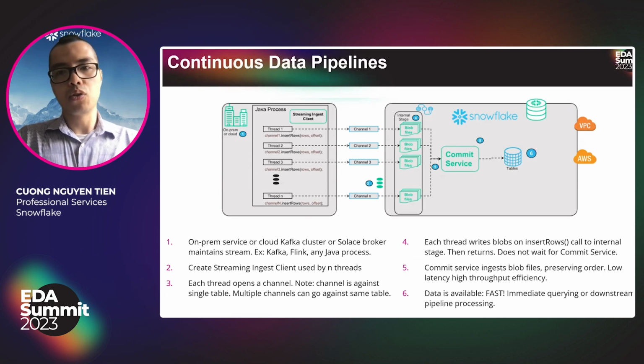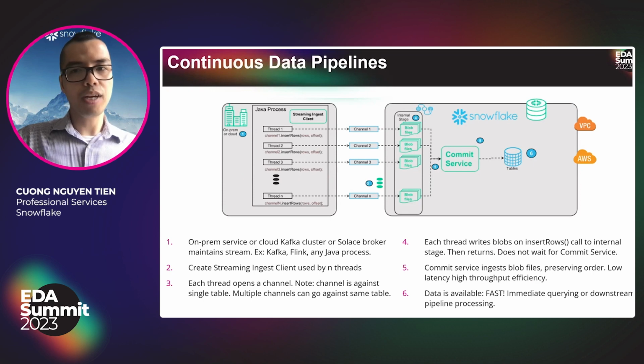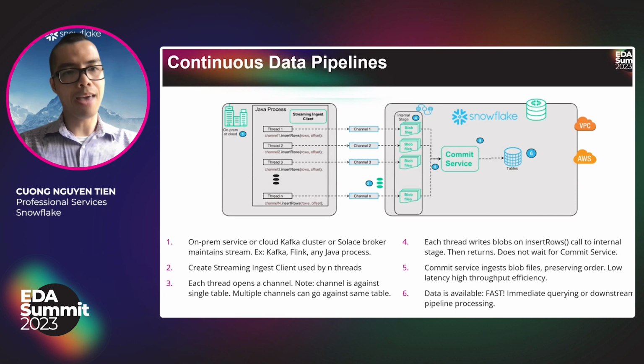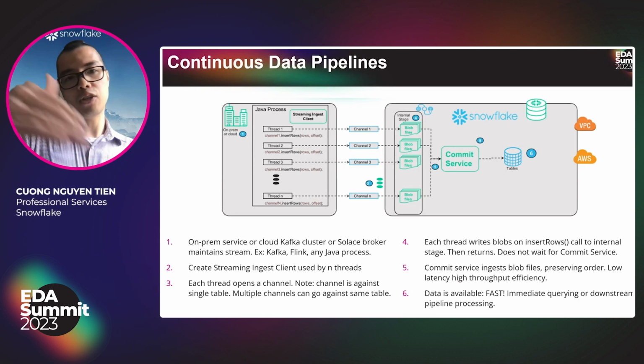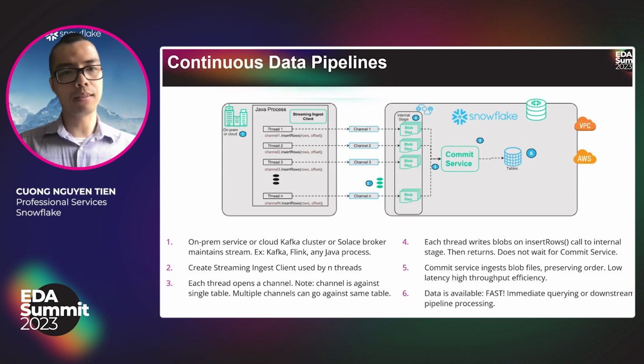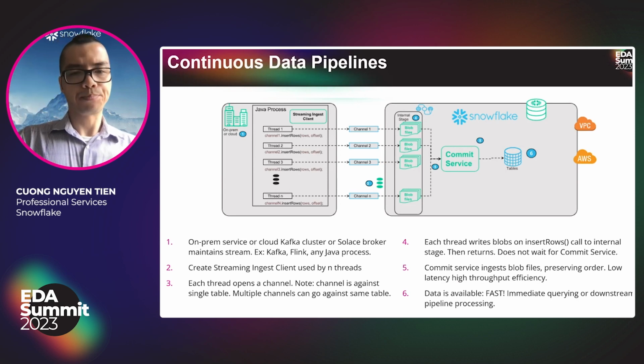You create a streaming ingest client that is then used by N threads. And each of these threads then opens a channel. And the channel can be against one single table, or multiple channels can also go against that one single table.